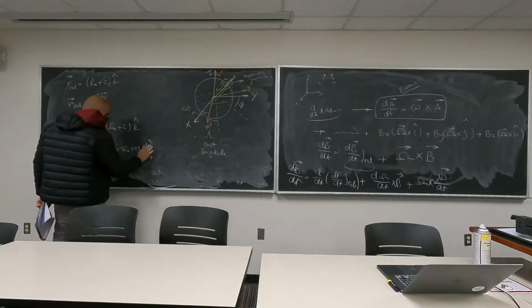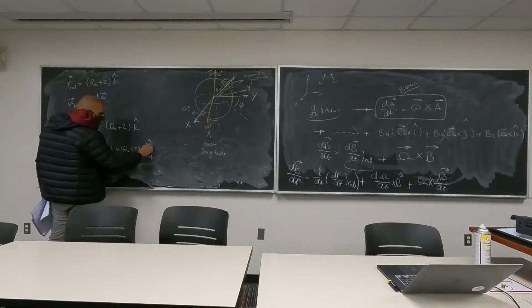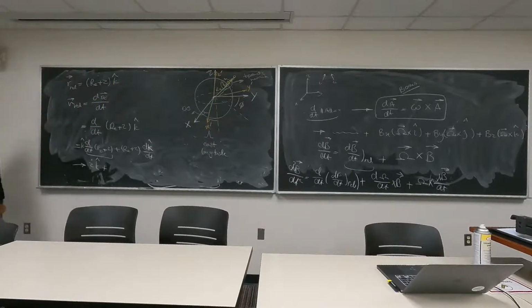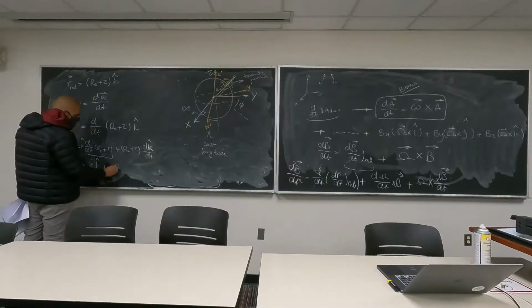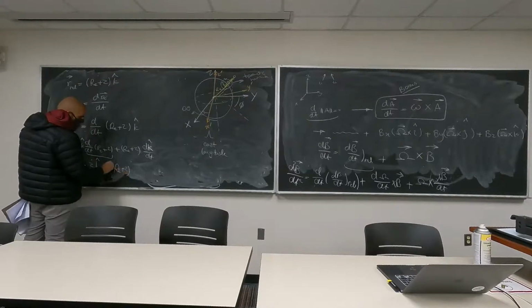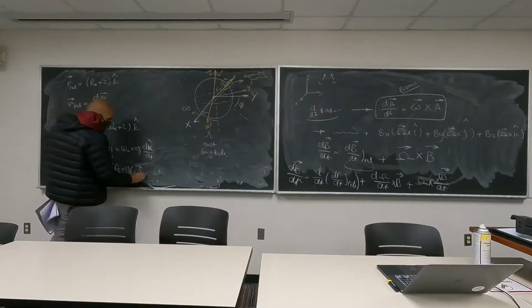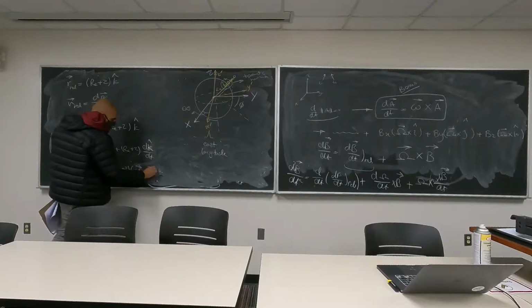That's a moving vector, right? The moving vector here is k. It's the same thing. The magnitude doesn't change. It's just rotating, right? Or moving. So you're going to get RE plus Z omega cross K.